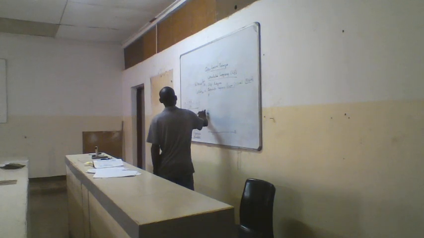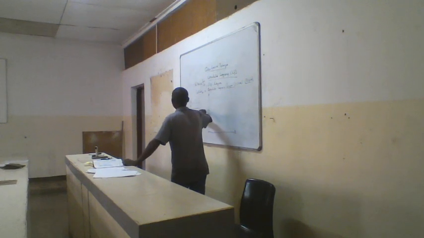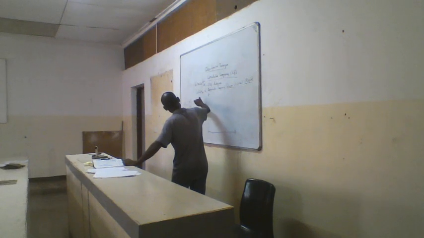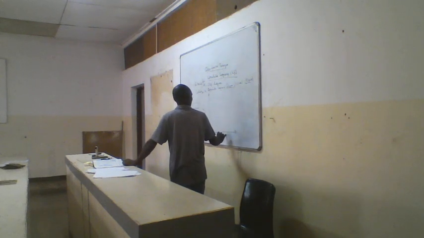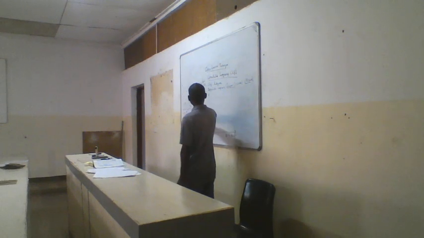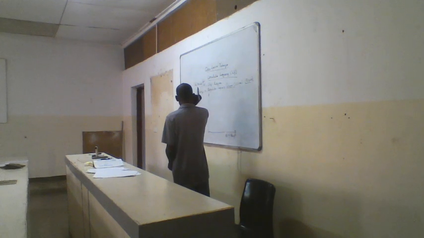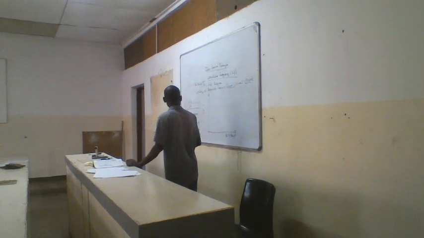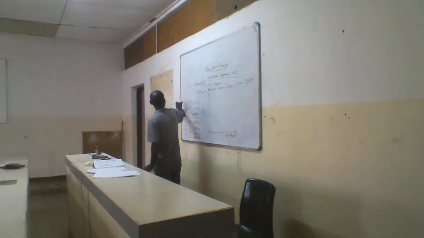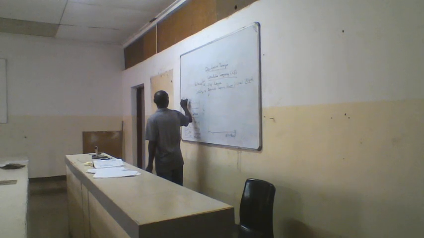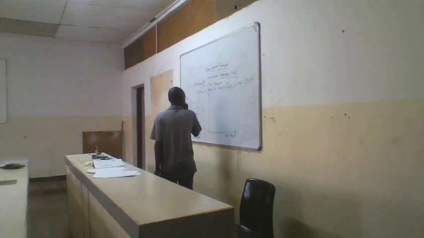CF, cumulative frequency, always goes here, on the vertical axis, over the number of attempts. Number of attempts is our x here.